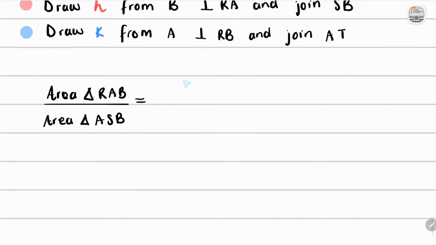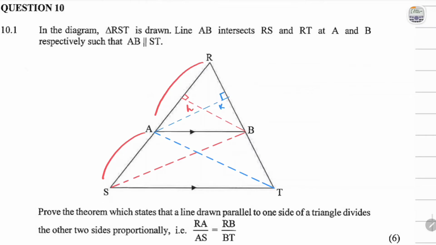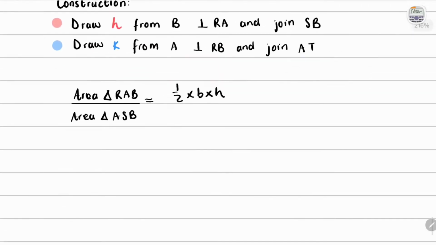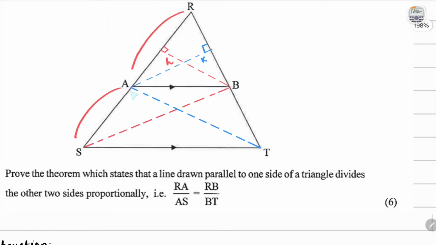We know that the area of a triangle is equal to a half times the base times the height. In the triangle on top, the base is RA and the height is H. So this is equal to a half multiplied by RA multiplied by H, and this goes over triangle ASB. Looking at that triangle, this is the base, but do you also see that this is the perpendicular height?